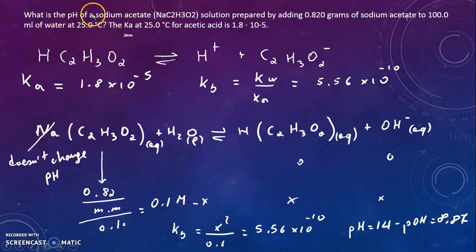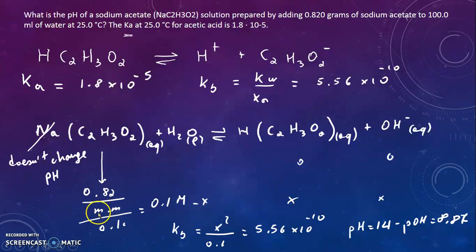So they are asking for the pH of a sodium acetate solution. I wrote it here, I'll explain in a sec everything that I have there, but this is your sodium acetate solution. The way they prepared it is by adding 0.82 grams of sodium acetate, which obviously you got to bring to moles all the time, no matter what they ask.